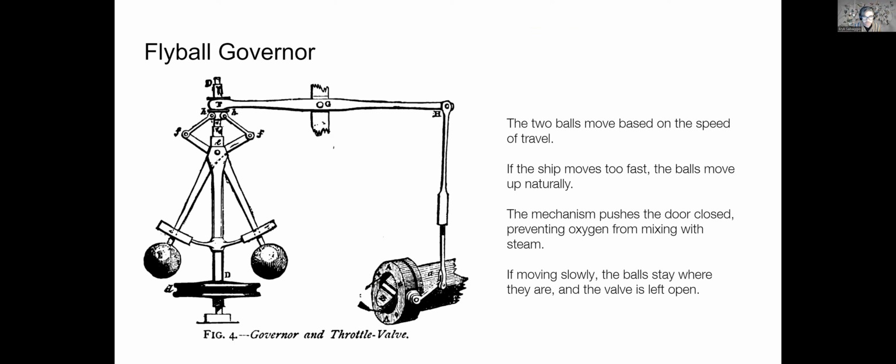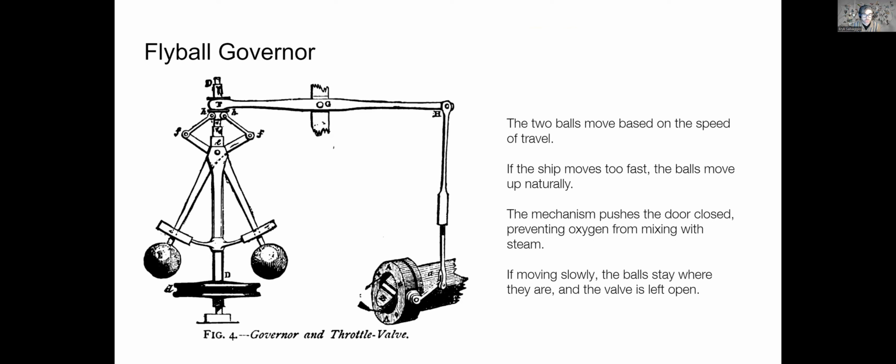And as the boat is moving forward, it spins, and the spinning wheel would accelerate if the current was moving too quickly. So if it's moving too quickly, it pushes this lever, again, all through mechanics, clockworks, and it closes oxygen off to the steam. So if the boat's moving too fast, it would automatically slow down.